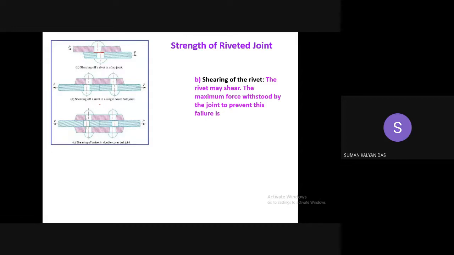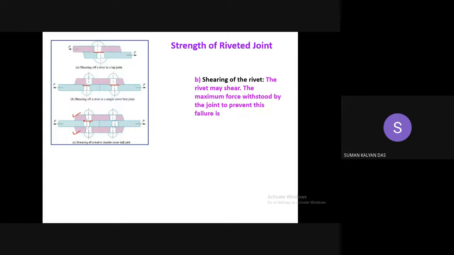Now if you consider a butt joint having a single strap plate, so the rivets will fail like this. So these two plates are pulled like this, so the rivets will fail over here and here. But if you consider a butt joint with two cover plates, in that case you see there will be two shears for the rivet to fail.